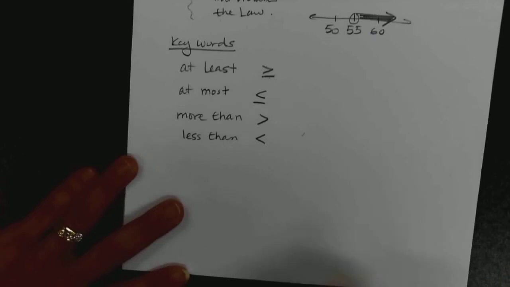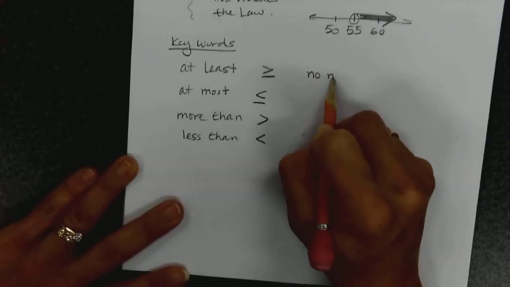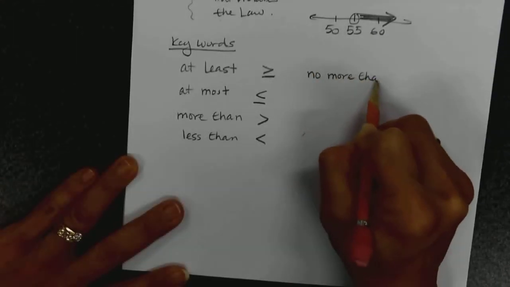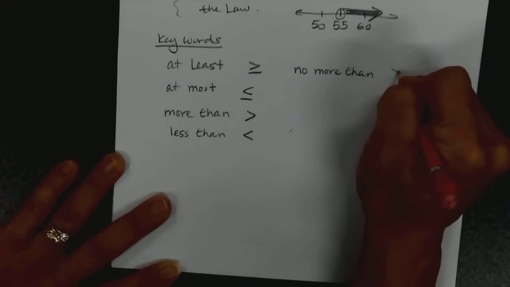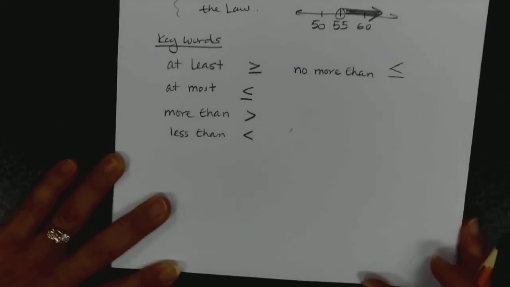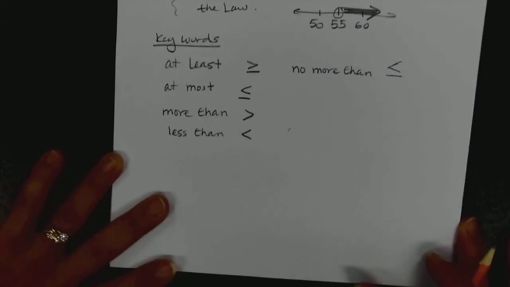Ooh, how about no more than? What would that be? Yes, ma'am. Say it again. Equal to or less than, right? So it's less than or equal to. No more means less or equal.